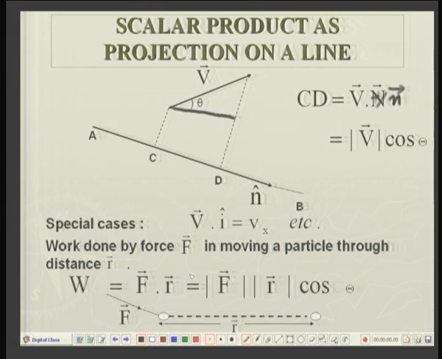The angle theta is the smaller angle between the two lines. So this scalar product as a projection is interpreted as a physical quantity, namely the work done.